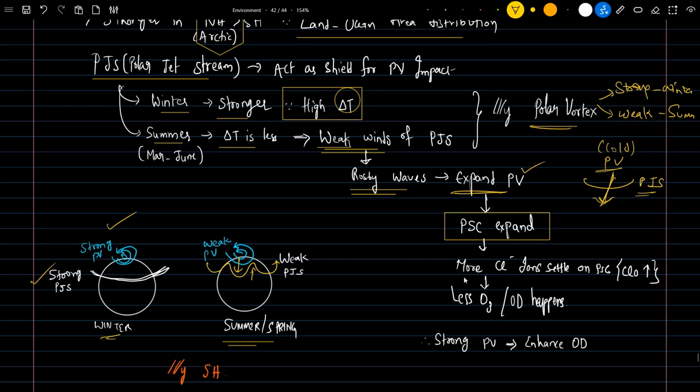It means more chlorine ions settle on the PSC, so ozone depletion happens. There will be less ozone, and ozone depletion will happen more. The conclusion we can come to here is that the expansion of the polar vortex leads to enhancement of ozone depletion.